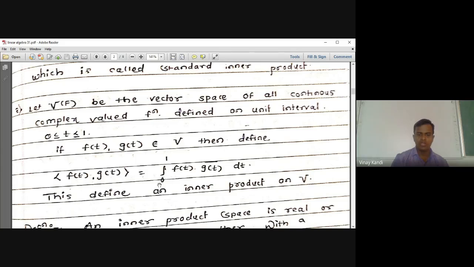The lower limit is 0 and the upper limit is 1. This defines an inner product on V.